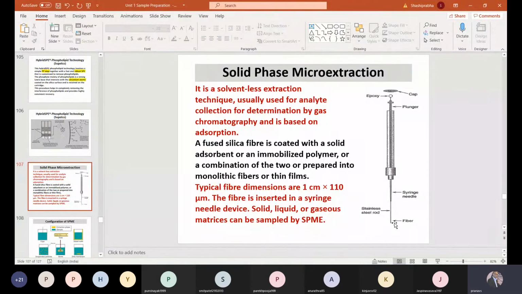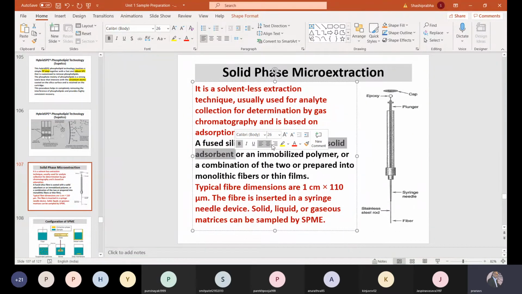A fused silica fiber is coated with a solid adsorbent or solid material, or an immobilized polymer, or a combination of the two, prepared in monolithic fibers or thin films.